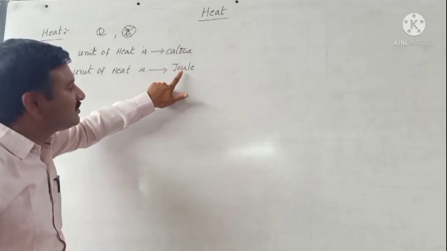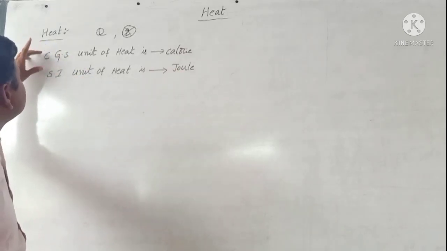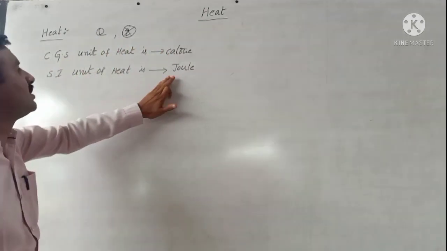SI unit of heat is joule. What is the relation between these two? CGS unit is calorie and SI unit is joule.